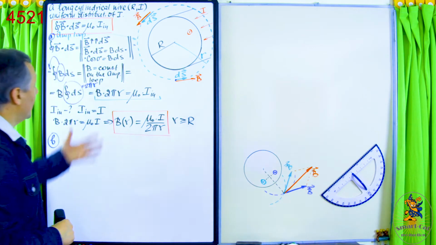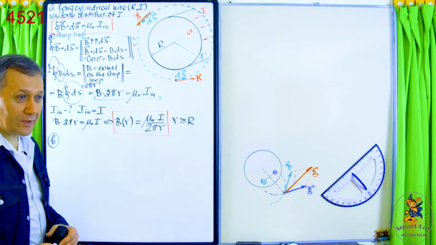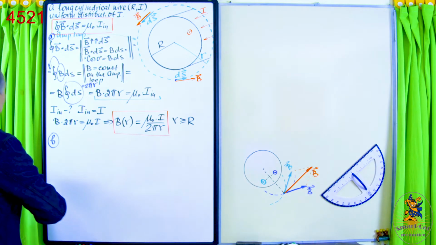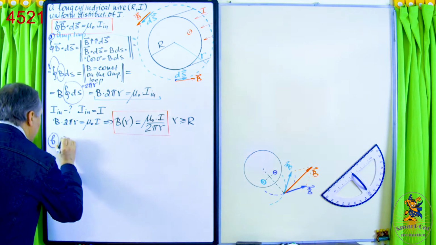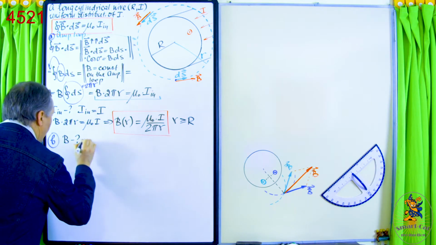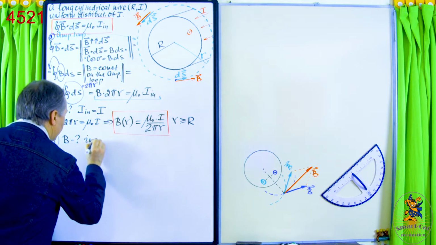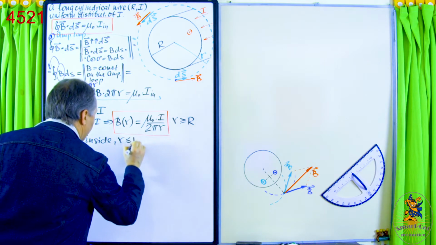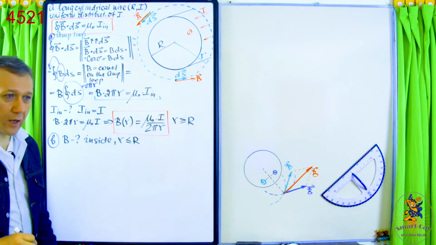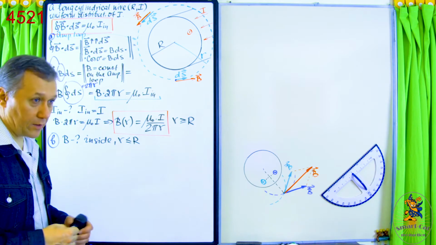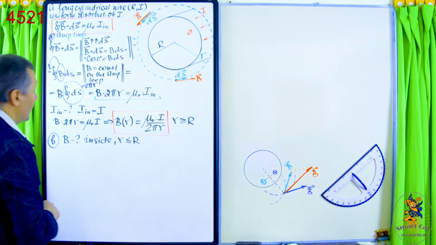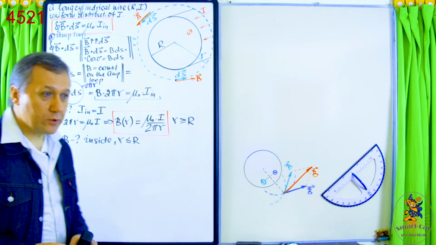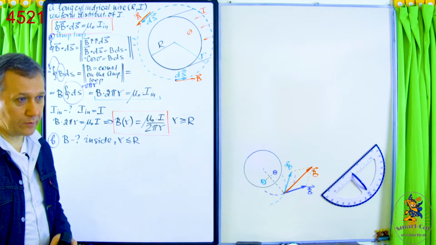Okay, so now let's answer the question. Let's find the magnetic field inside of this wire. So now let's find B inside. Basically, it means r less or equal to capital R. Again, Ampere's law, and the first step is to pick an amperian loop.